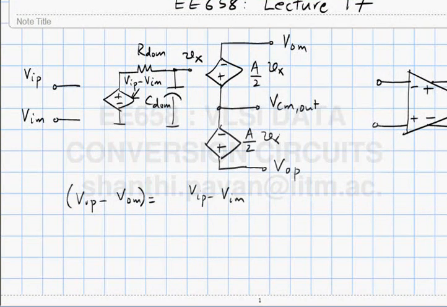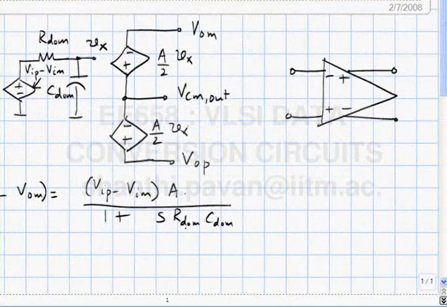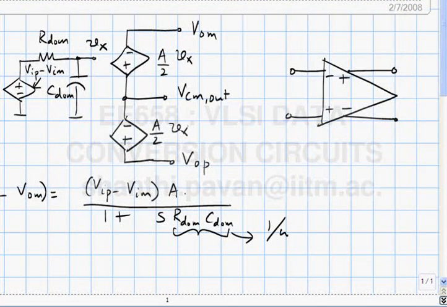The differential output is the differential input times A times 1 by S R dominant C dominant, and this can be recognized as the 1 over the dominant pole.